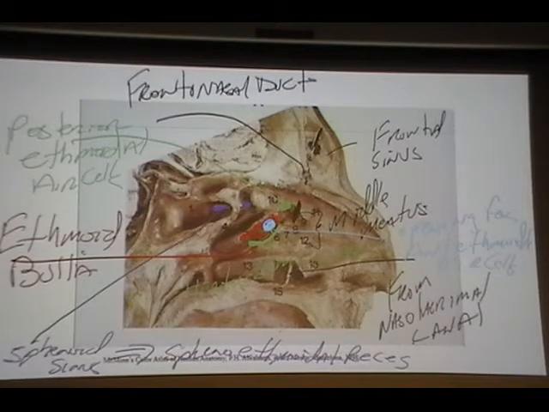Frontal sinus, the maxillary sinus, and then the anterior ethmoidal. Right. What drains into the superior meatus? The posterior ethmoidal air cells. Okay? What drains into the sphenoethmoidal recess? Sphenoid sinus. Okay?